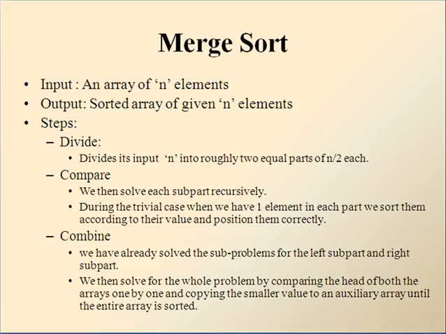In the trivial case, when we have only one element in each part, we sort it according to its value and position it correctly. Combine: we have already solved the subproblem for the left subpart and the right subpart. We then solve the whole problem by comparing the heads of both the arrays one by one and copying the smaller value to an auxiliary array until the entire array is sorted.